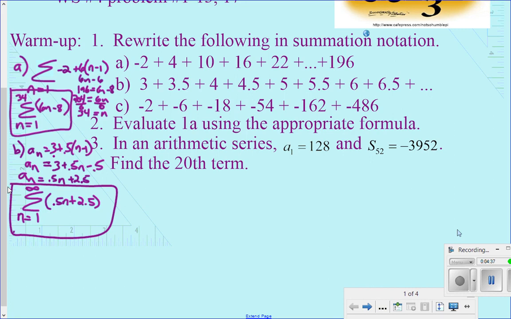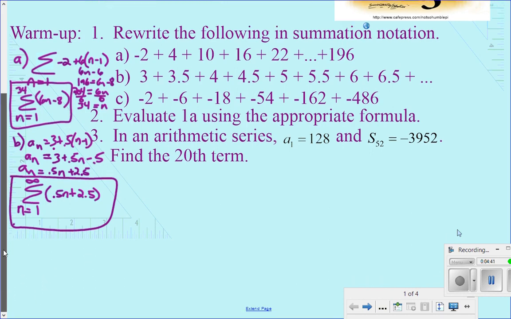Okay, C. Let's see, I guess I'll put C here. So for C, -2, -6, -18, it looks like this is geometric and the r value is 3. So I'm going to go ahead and write my sigma and n equals 1.